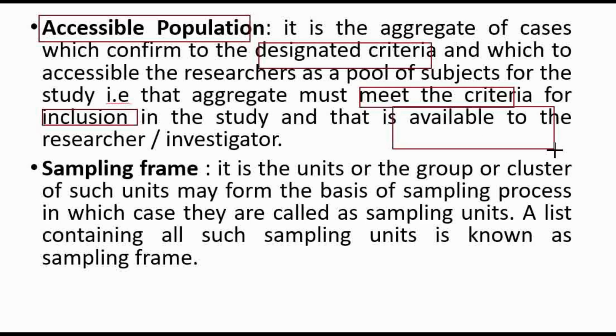This is very important. If we are not able to reach them, access them or meet them, we cannot collect any data. So they have to be available to the researcher.